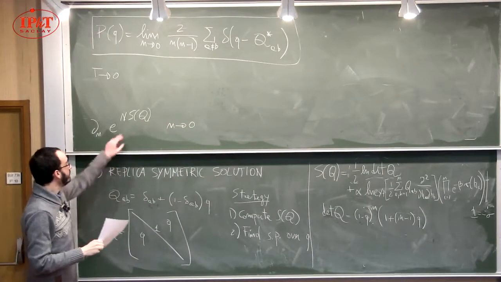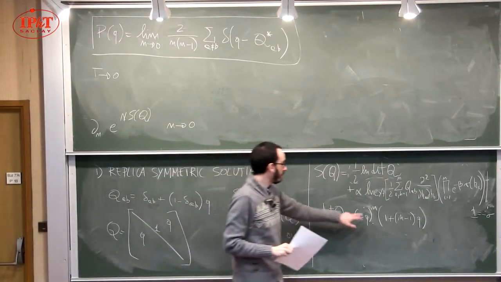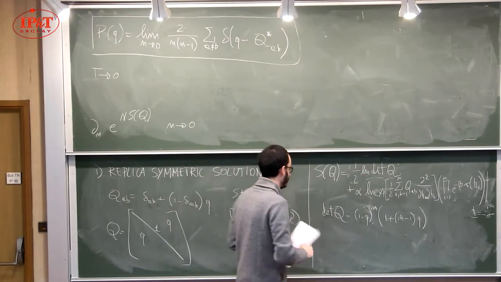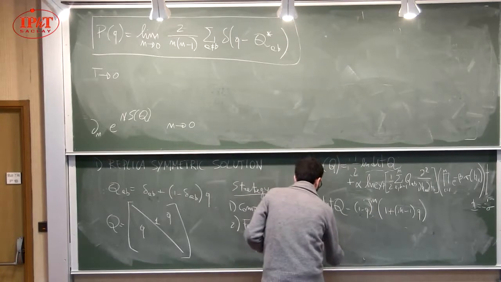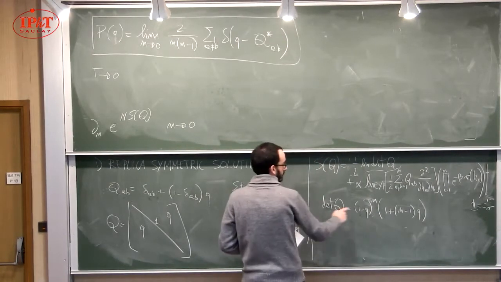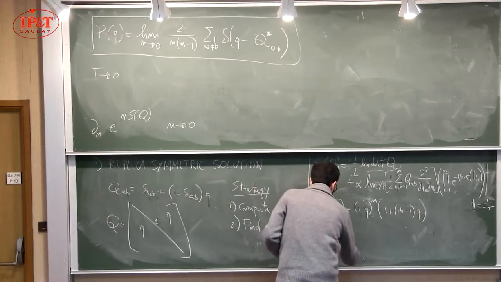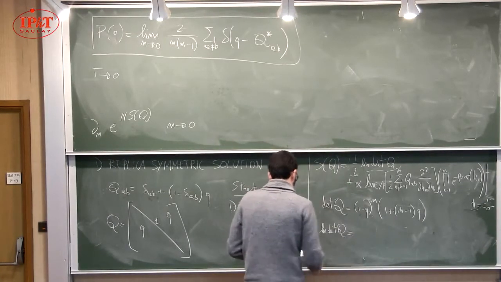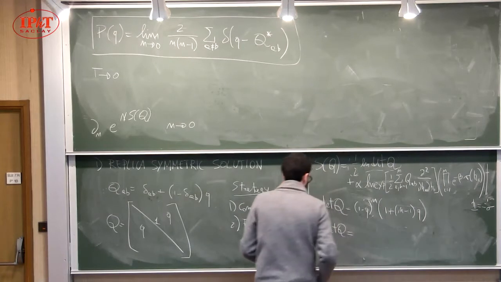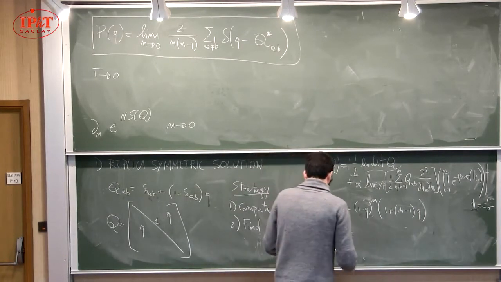So what we are really interested in is the small n behavior of this quantity. For n very small, you can show that log of det of q divided by n is just 1/2.